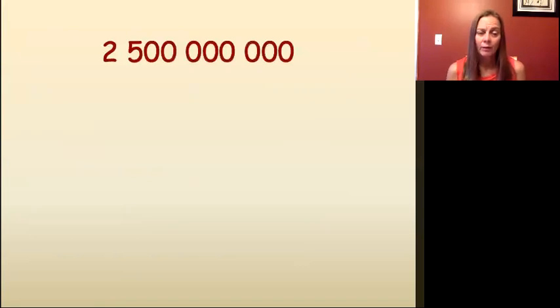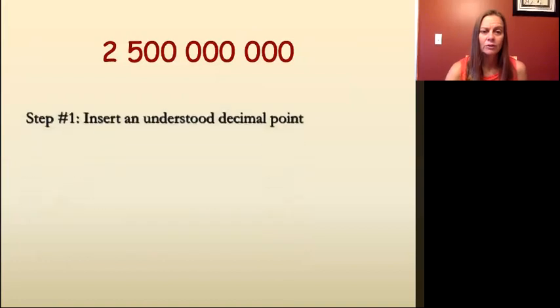For us to practice this, we're going to look at this number: 2,500,000,000. That's a really large number. How do we convert this really large number in standard notation into standard scientific notation? The first thing we're going to do is insert an understood decimal point. We all know that at the end of this number there's a decimal point, with a 0 after it, and we don't really care about that 0 right now.